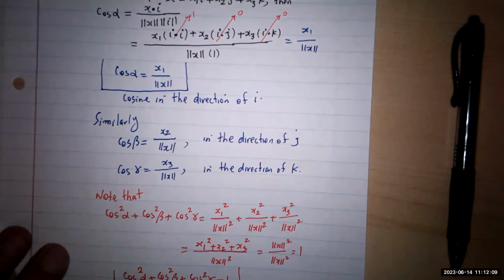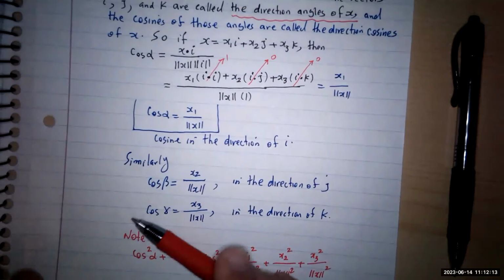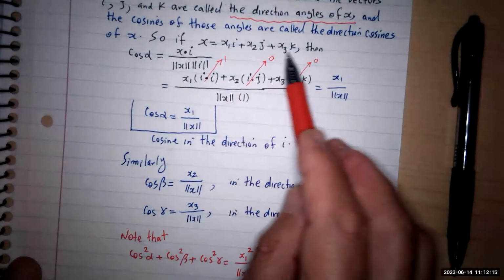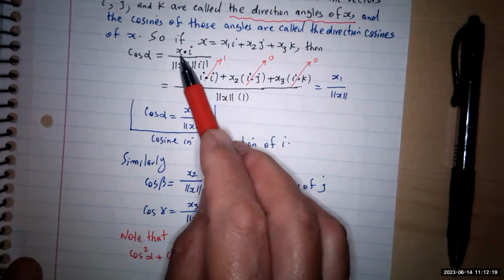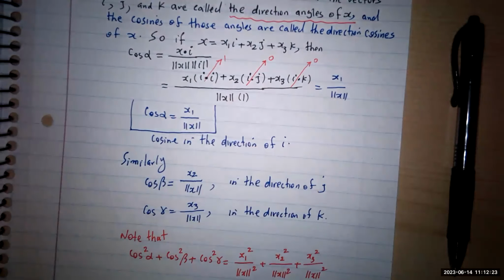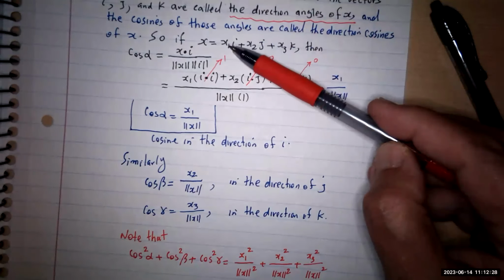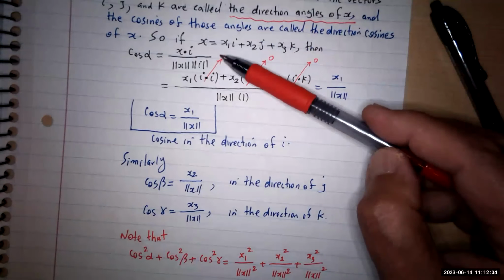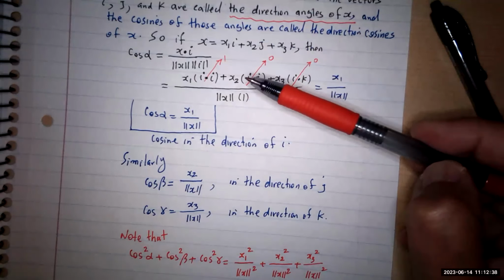You see, if you get the dot product, the way I did it over here, we just get the dot product of x and i. What is x going to be? The first component of x is x1, okay, and the way I did it is like the algebraic part, if you like.